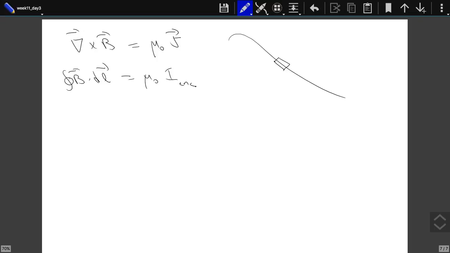Now, first, let's consider the case in which this is the direction of the surface current. In this case, for this loop, I enclosed is 0.